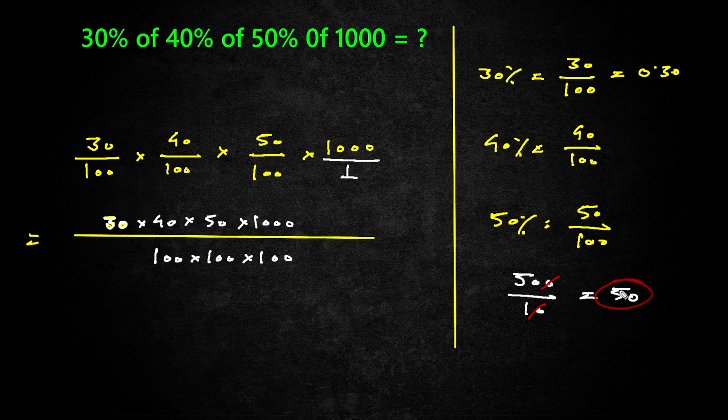So cut a 0, cut a 0, cut a 0, cut a 0. It's so simple. It's going to be 3 times 4 times 5 times 1, and the answer is still 60.